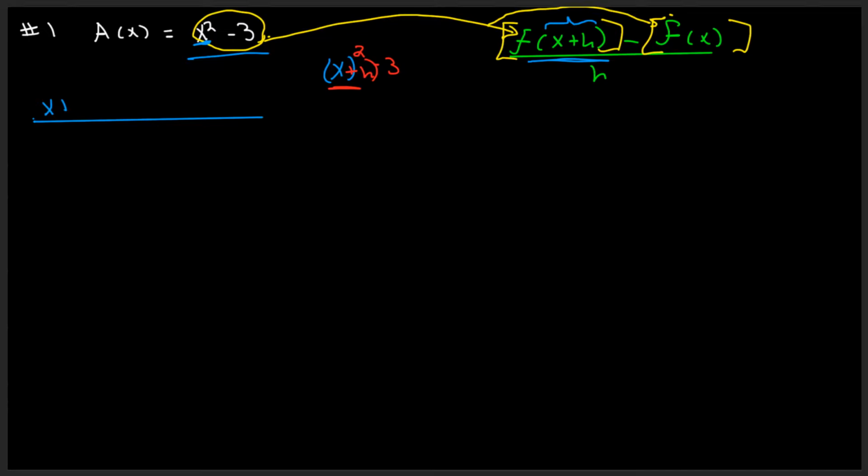So I will go ahead and write that out. x plus h squared, just like we had in our original formula, minus 3. This is the first part of our difference quotient formula, as noted here.